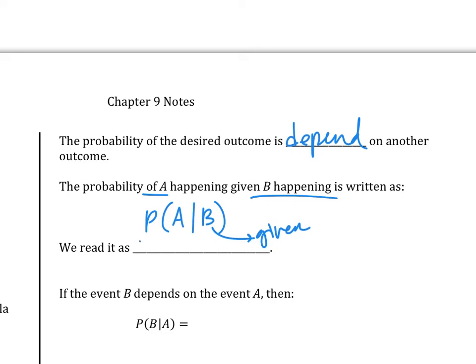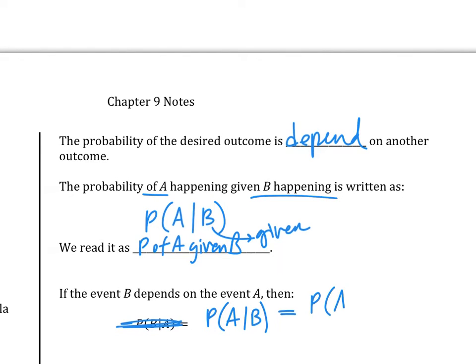The way we read it is probability of A given B. The actual formula is probability of A and B over probability of B, so over the given.